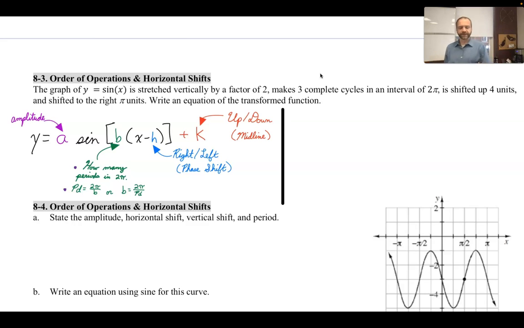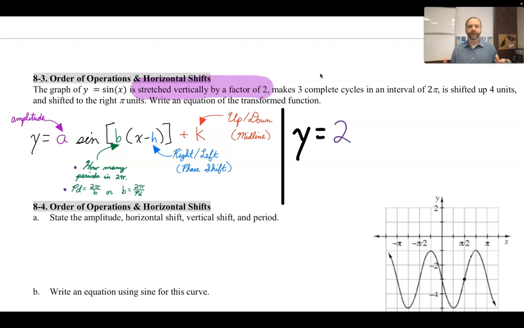All right, so we have here the graph of y equals sine of x. I'm dealing with this over here, and I have to figure out what's going on. It is going to be stretched vertically by a factor of 2. Vertical stretch means that is your A value. So I'm going to have y equals, and I'm going to have an A of 2.